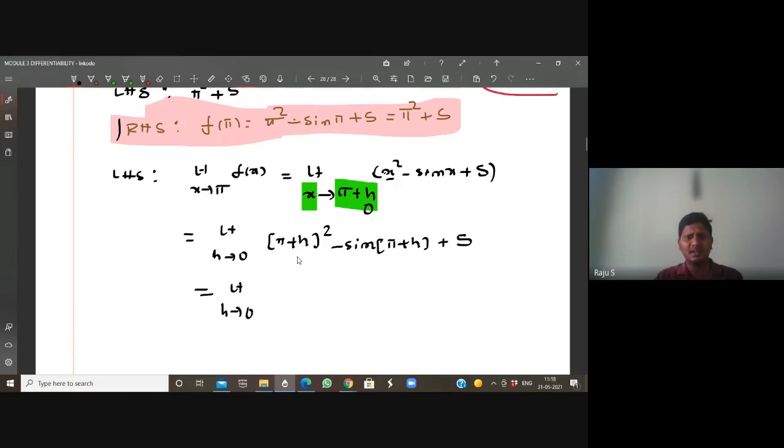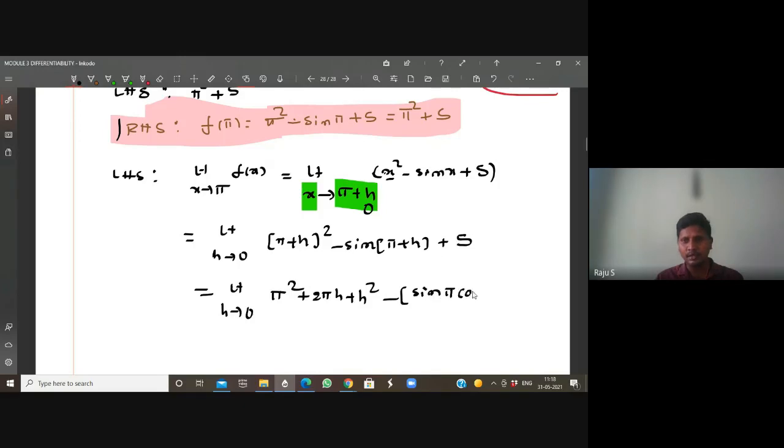Yes, simply we are writing 2 or 3 extra steps. For more marks, we can write more steps like this. A plus b whole square is a square plus 2ab plus b square. What I want to do is use the sin a plus b formula.